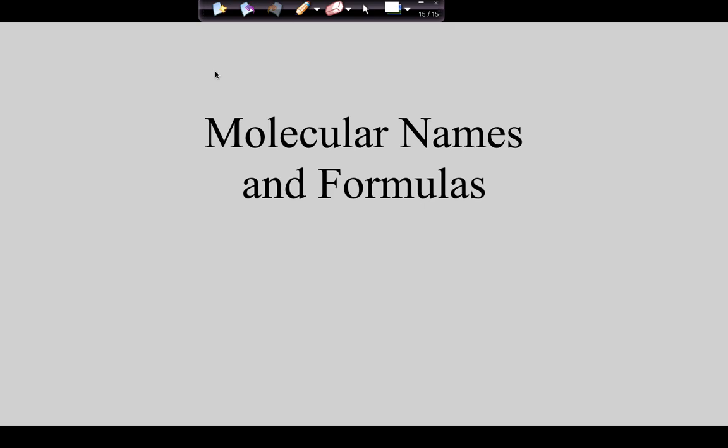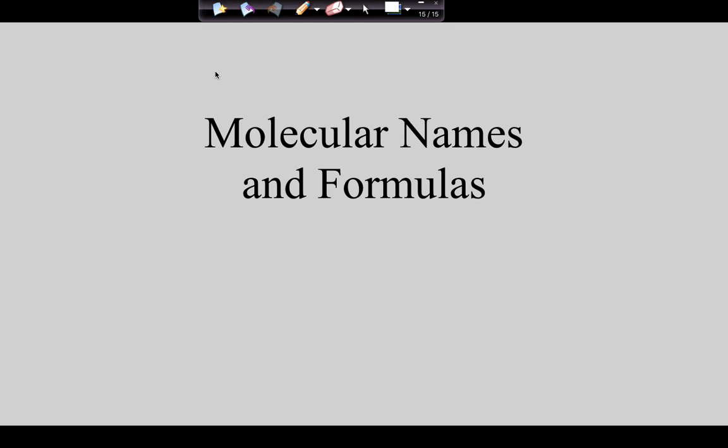salts. What we're going to do today is a similar process, only with molecules. Remember, salts are the product of a positive metal and a negative nonmetal bonding together ionically. Molecules, which contain covalent bonds, are the product of groups of nonmetals.